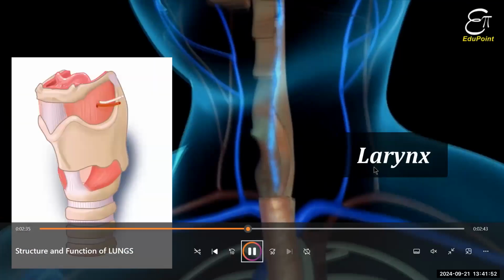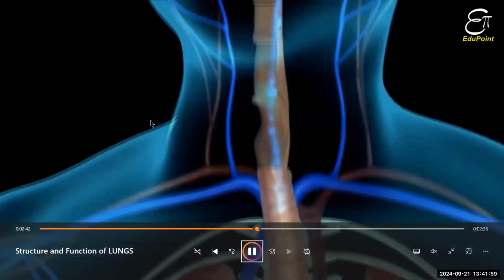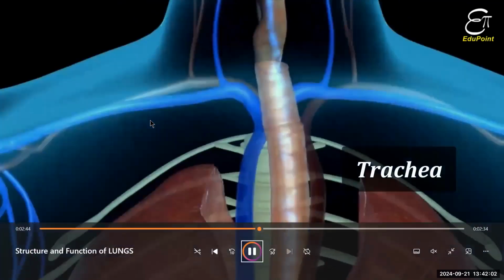Then it goes to the larynx. The larynx is the voice box, because we can speak and we can make a voice. The air comes, it vibrates in the larynx and makes a sound.